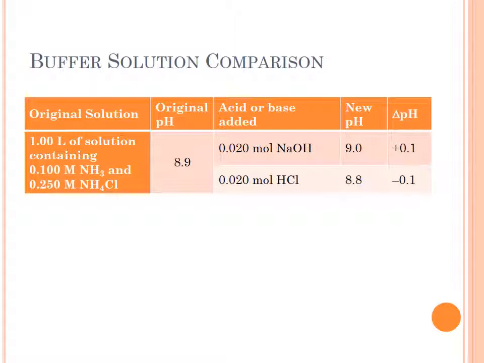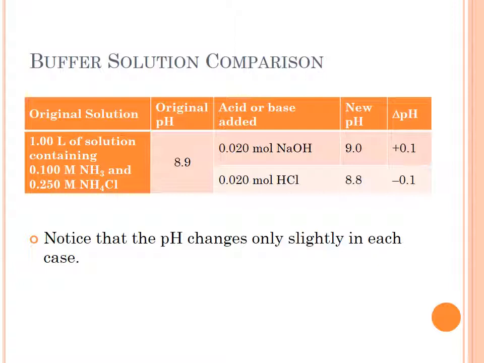And certainly that's significantly less than if we'd added that to an unbuffered solution, water or just a straight acid or base. But there's only a slight pH change in each case, indicating that the buffer is in fact doing its job. This has been a brief tutorial on buffers and the common ion effect.